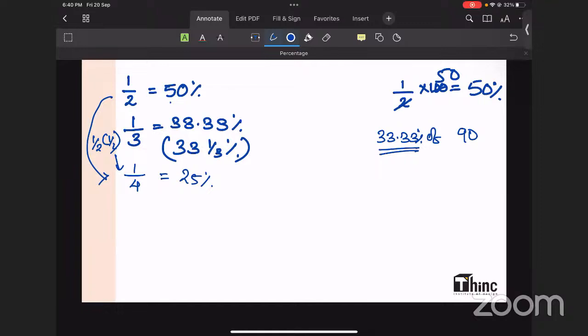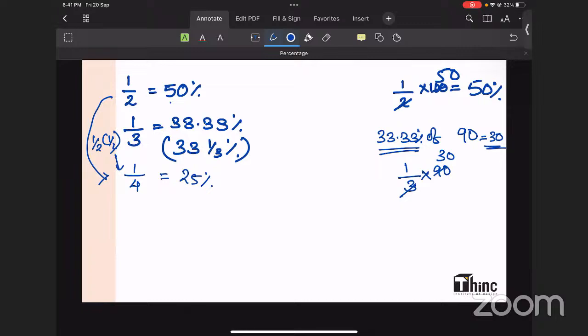So these are not tricks, these are the catalysts for solving percentage. So 33.33% of a certain thing, you can simply do with 1 by 3 of 90. 1 by 3 of 90, 30. So 33.33% of 90, simply 30. This is the technique.